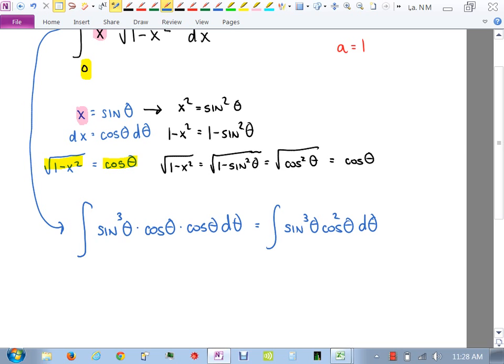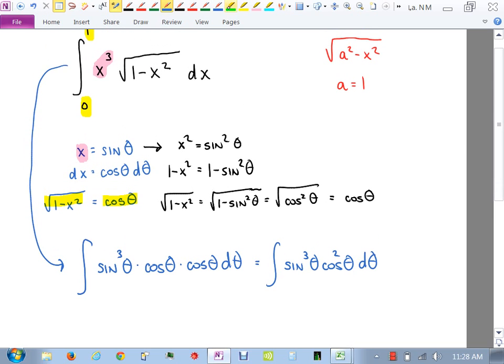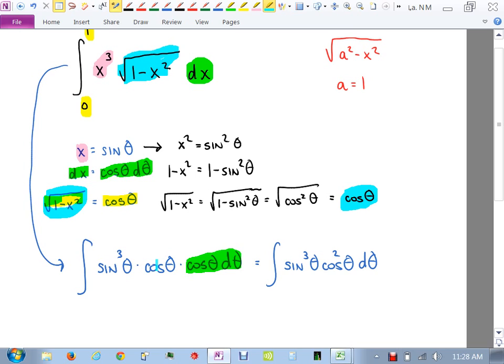Okay, let me match things up here. Your dx right here is this, because that's this right there. And then the root is this, which is this, which is that. And then the x cubed is this. Fun with colors here. See it all?